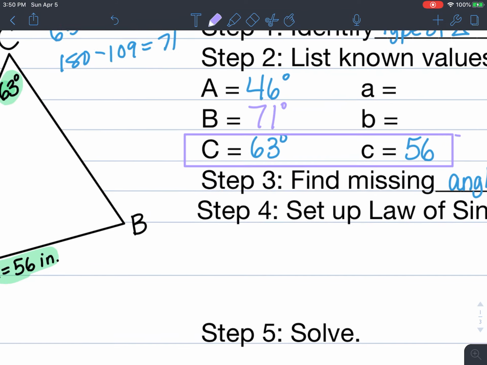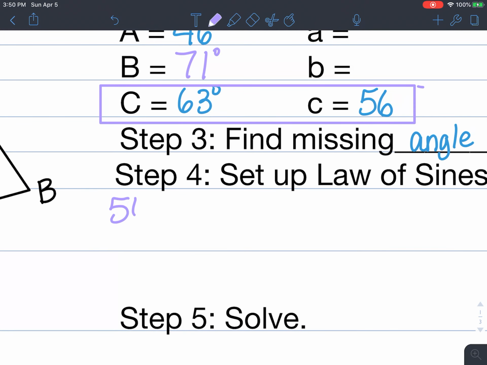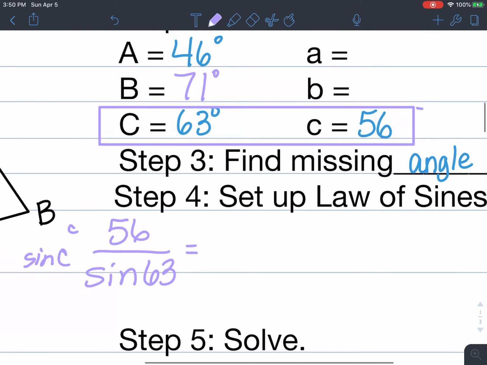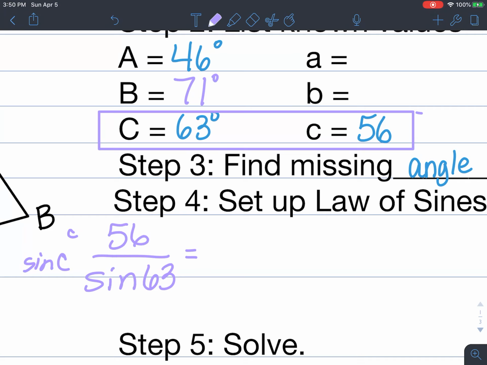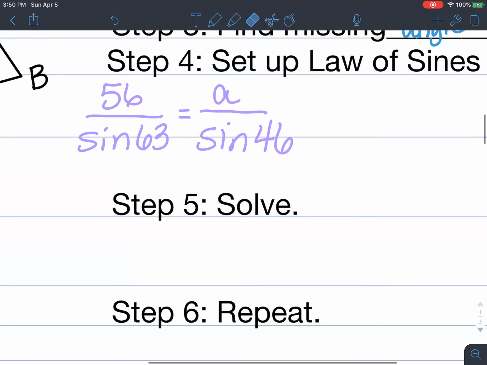So 56 over sine of 63. That's my little c over sine of big C. Let's find A first. So little a over sine of 46. All right, then we're going to solve this.